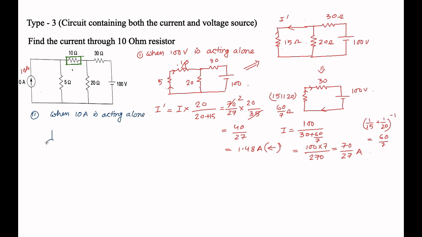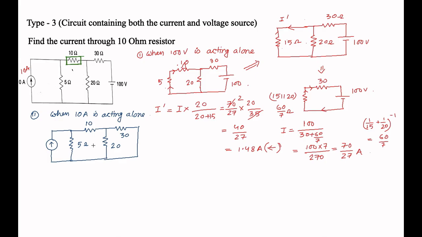Now this is your 10 ampere current source, this is your 5 ohm resistance, and this is your 10 ohm resistance through which we have to find the current. This is your 20 ohm, this is your 30 ohm, and this is your 100 volt source, which is short circuited because it is a voltage source.